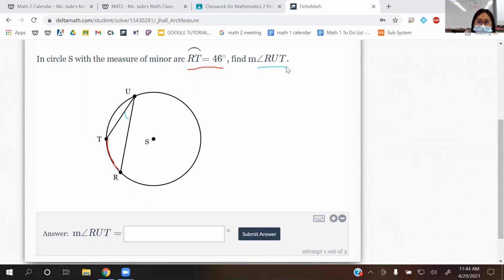Okay, so there's two formulas here. We've seen them before, but I'll just remind you of them. So we have an inscribed angle. Actually, I think I'm going to need more space.